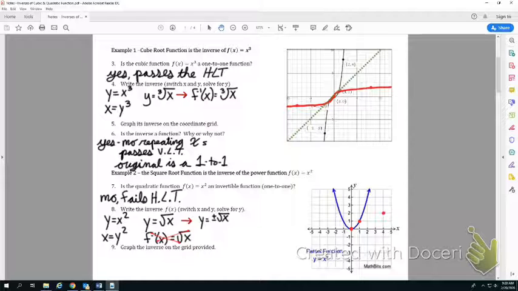But then if I have the point -1, 1, what point is the inverse going to have? 1, -1. And then if I have the point -2, 4, my inverse is going to have what? 4, -2.